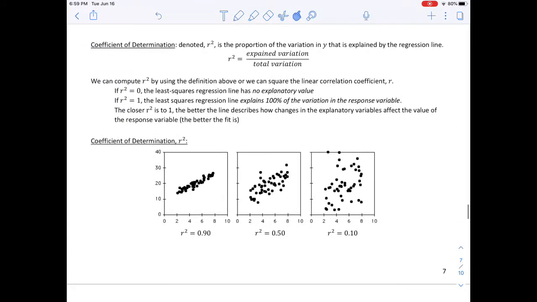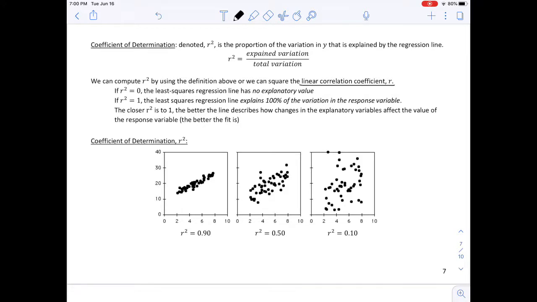R squared is the proportion of variation in y that is explained by the regression line. It's exactly what we had back in section 10.1. Another way to get this is to take the explained variations divided by the total variations. We can compute r squared by using the definition above, or we can square the linear correlation coefficient r, and that's what we did back in section 10.1.